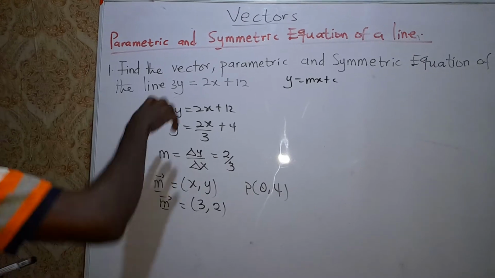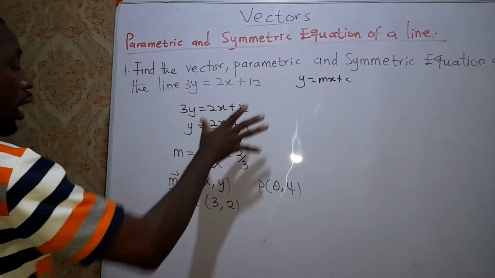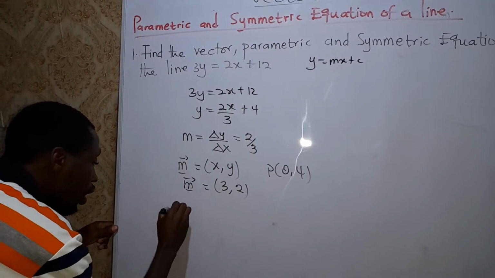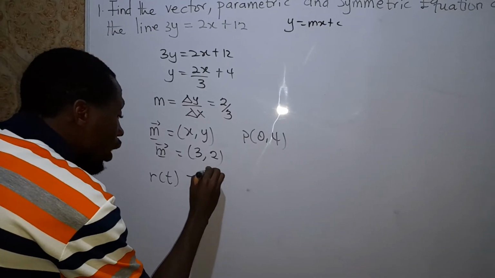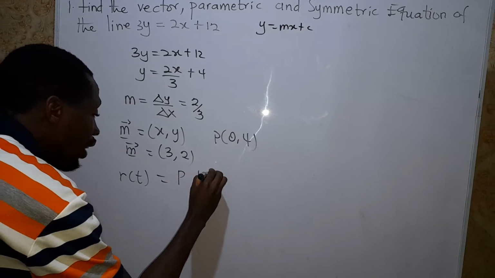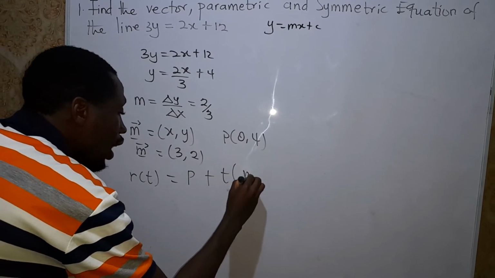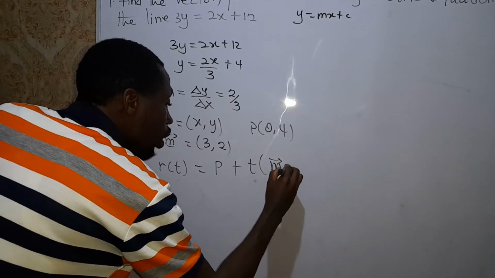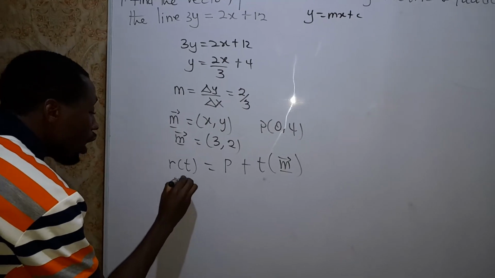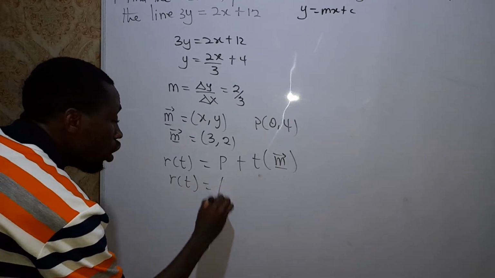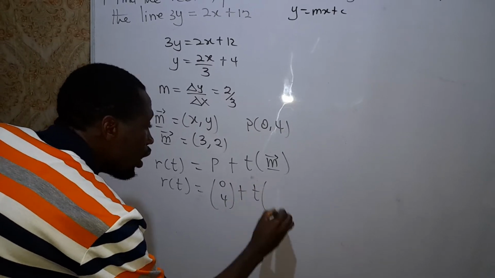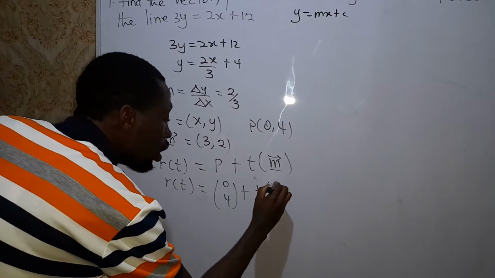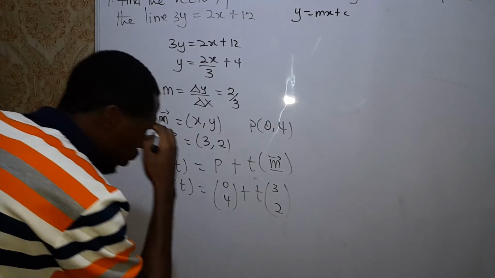Now the vector equation of this line is just r of t equal to the point P plus t times the directional vector, if you remember very well. So you can say r of t is equal to (0, 4) plus t times the directional vector, which is (3, 2).